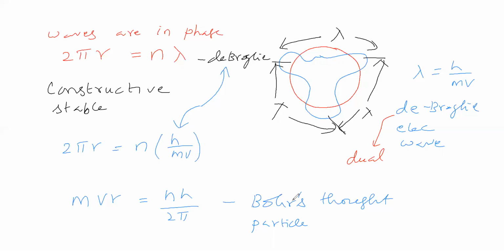Therefore, in modern atomic theory, de Broglie's concept is considered, but Niels Bohr's concept is not.